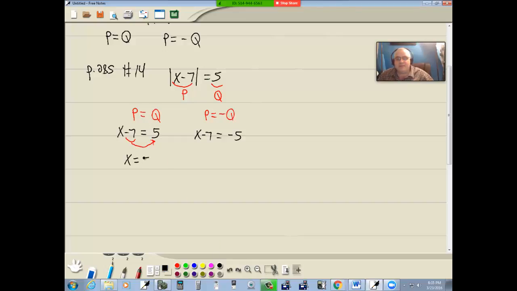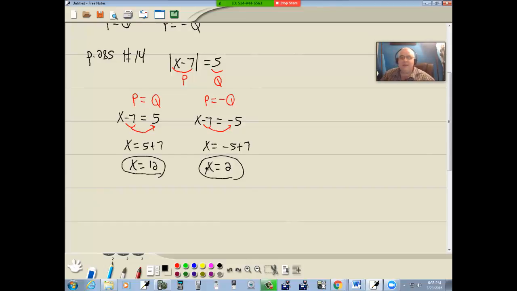So we got x is equal to 5 plus 7, or x is equal to 12. And on this one, I'll take the negative 7 over. And we got x is equal to negative 5 plus 7, or x is equal to a positive 2. And those would be our two answers.